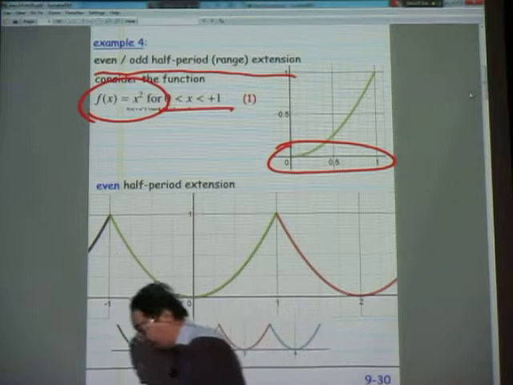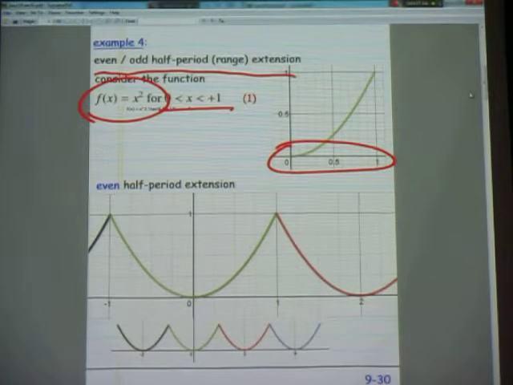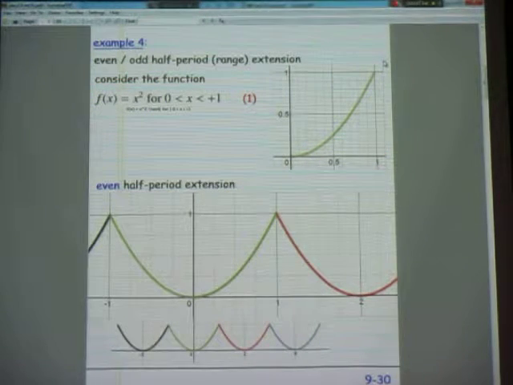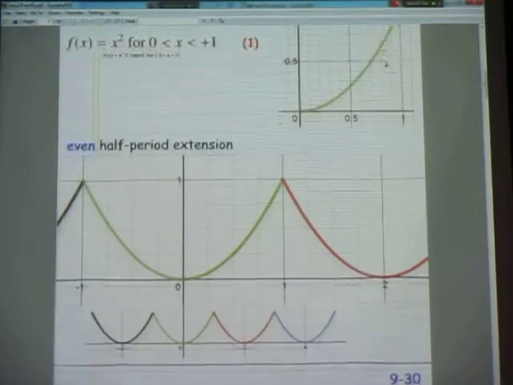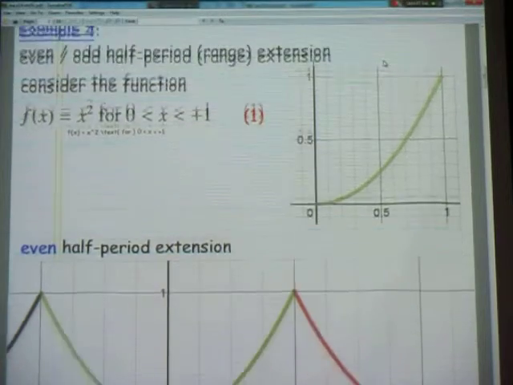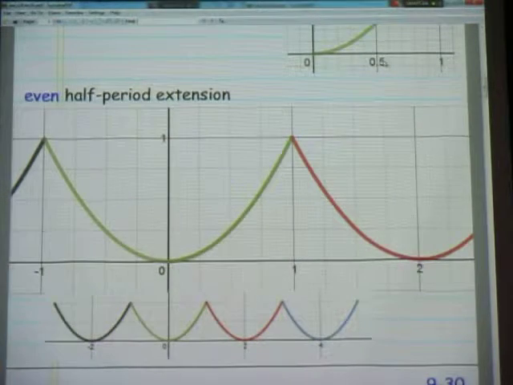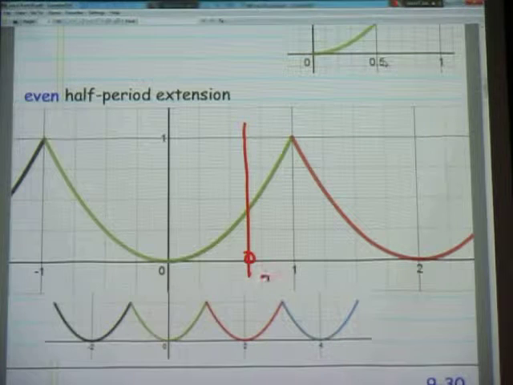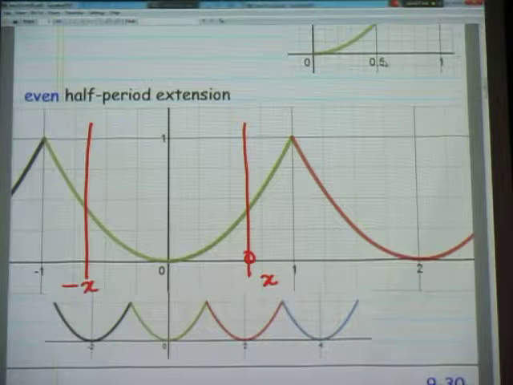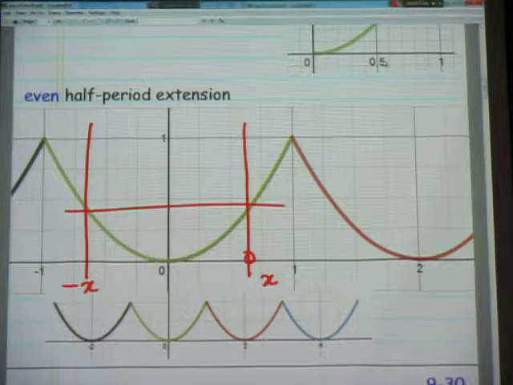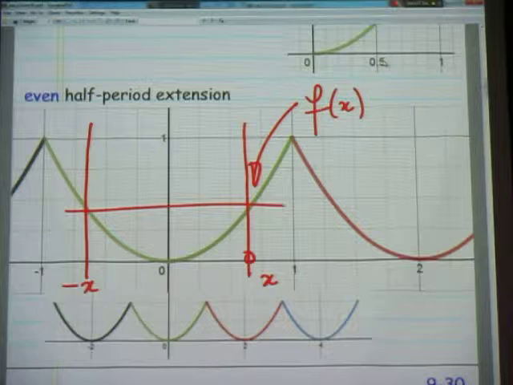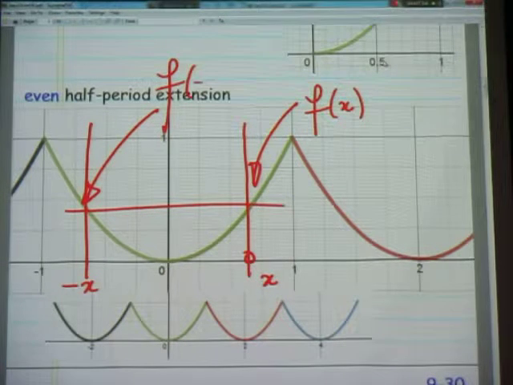What does it mean? It means the following. First, the geometric interpretation of the mathematical definition. If you take any point x, and therefore this is minus x, for an even function, the value of f of x is equal to the value of f of minus x.